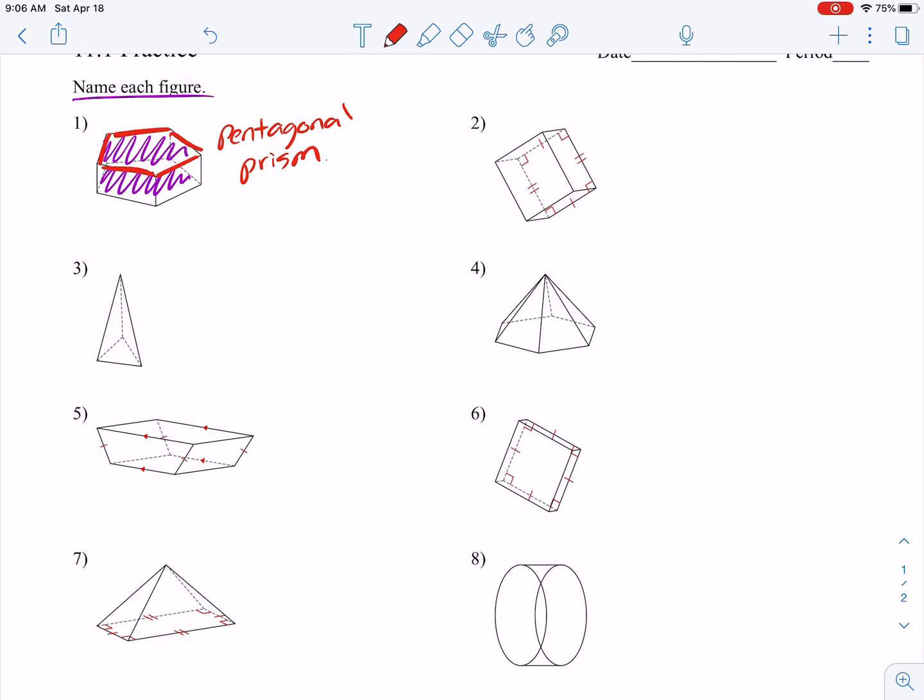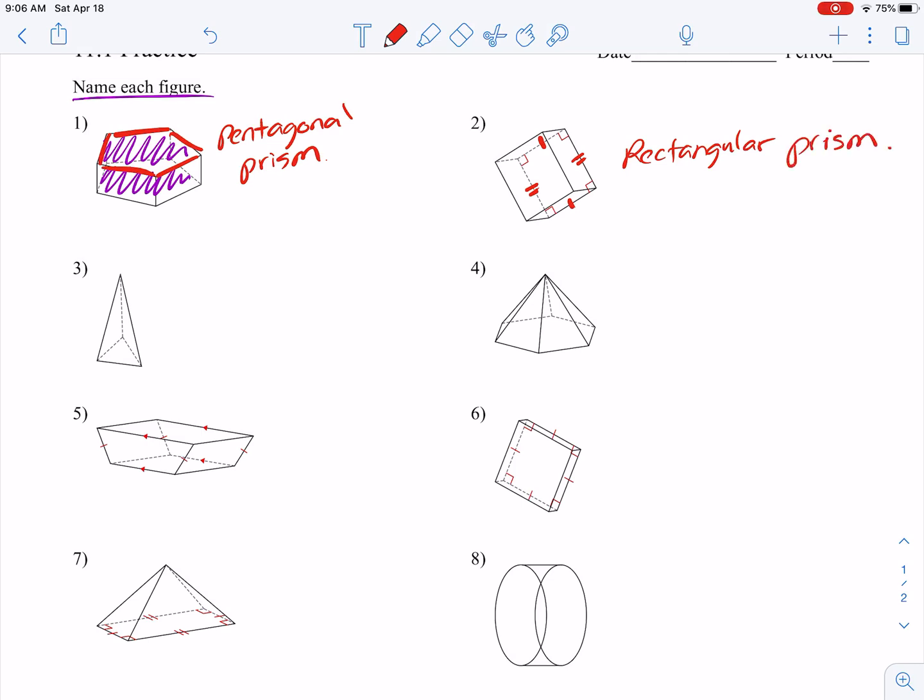Okay, so number 2, because the congruent markings are different, these opposite sides are congruent, these opposite sides are congruent, I would make this a rectangular prism. And once again, it's a prism because there's two bases that are parallel and congruent.